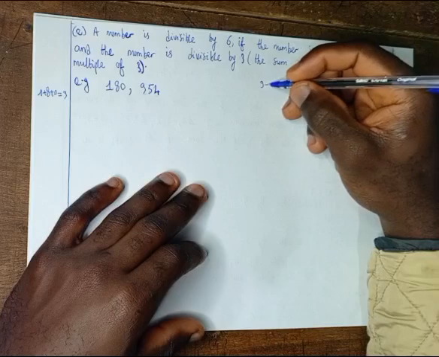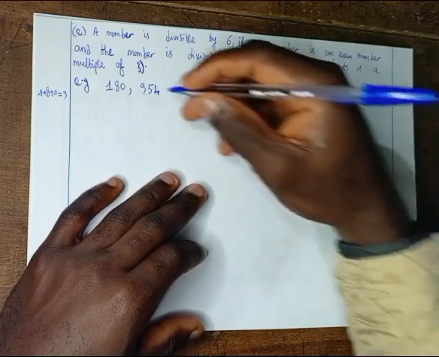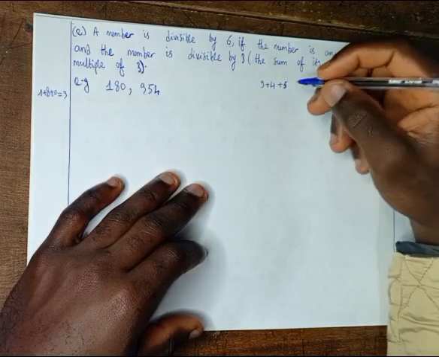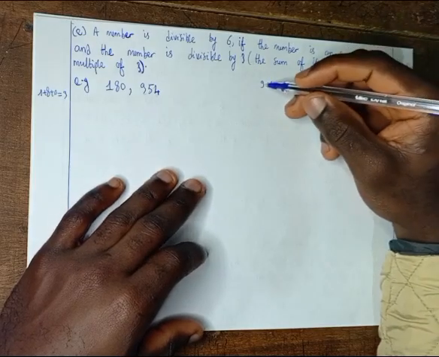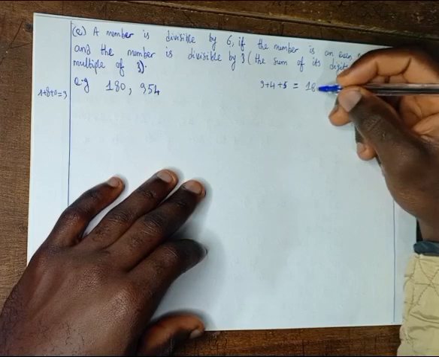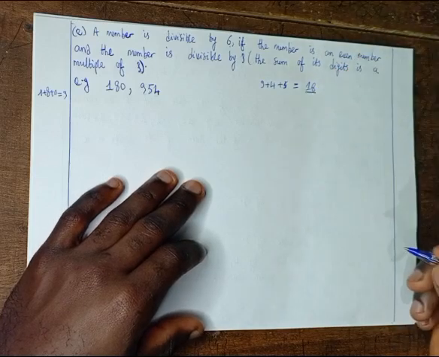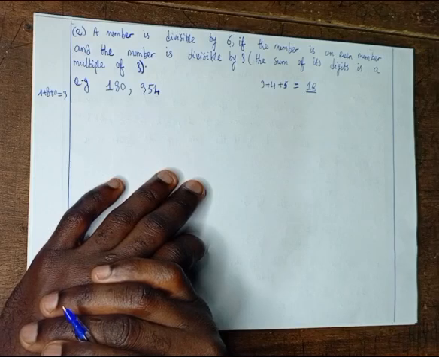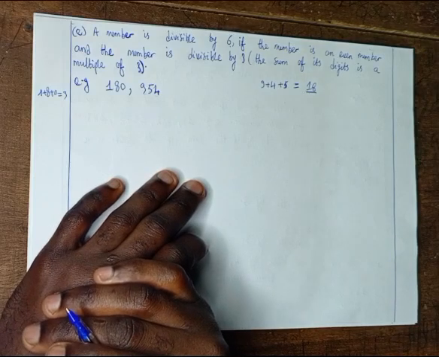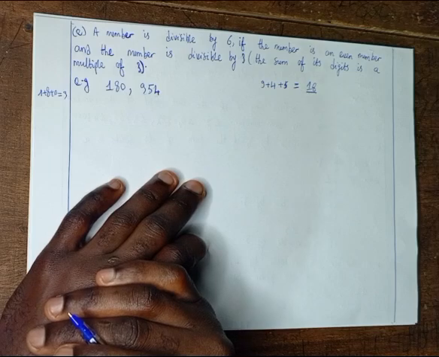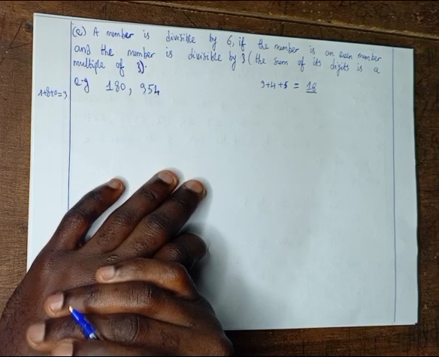If you take 9 plus 4 plus 5, this will simply be equal to 9 plus 4 gives us 13 plus 5, 18. 18 is a multiple of 3. That means this number is divisible by 3. We can conclude that 954 is divisible by the number 6.